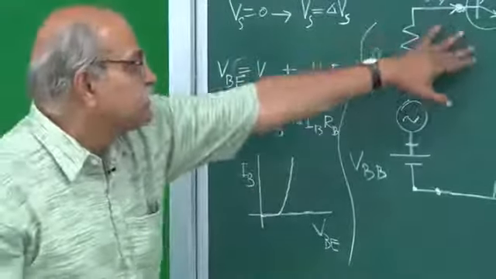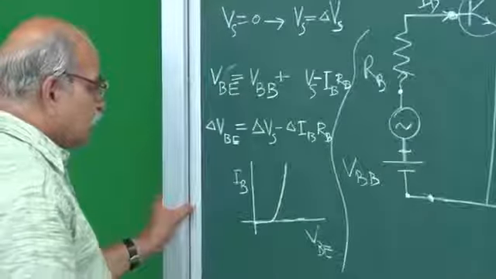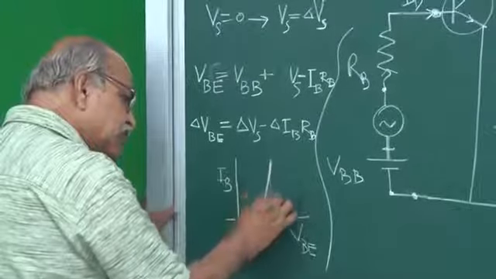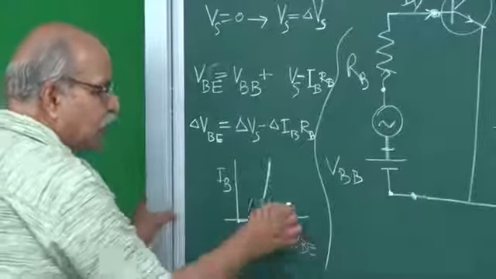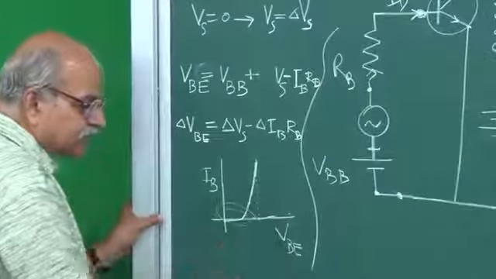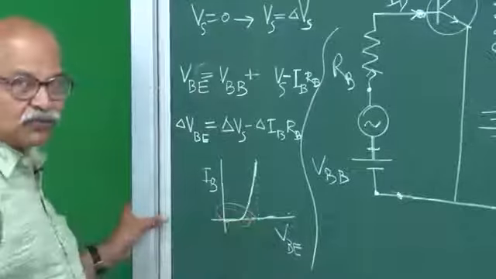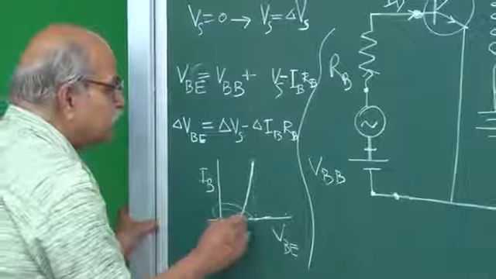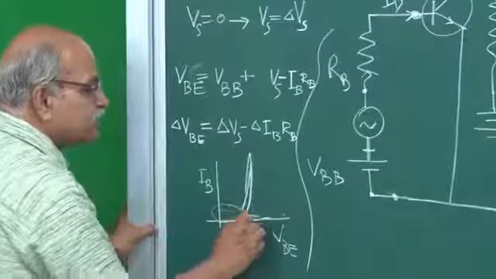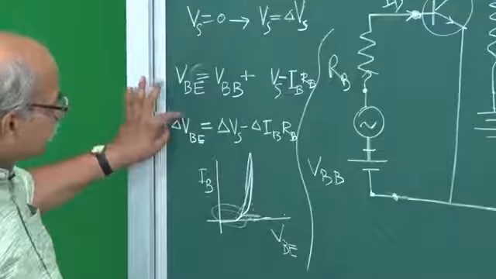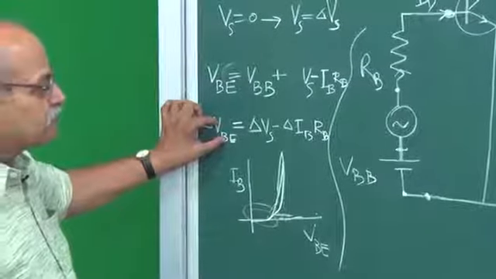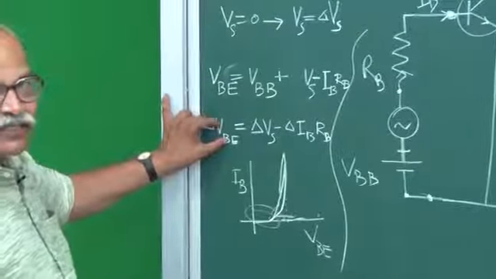Now this VBE has almost a fixed value. You cannot go beyond that. If it is too low, then you are in the cutoff region. Your current is 0 or almost 0, and then suddenly it rises. So you cannot really change this VBE much. So this delta VBE, that means change in VBE because of this signal, is going to be very small.